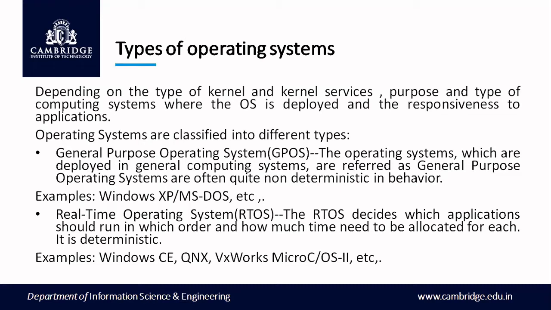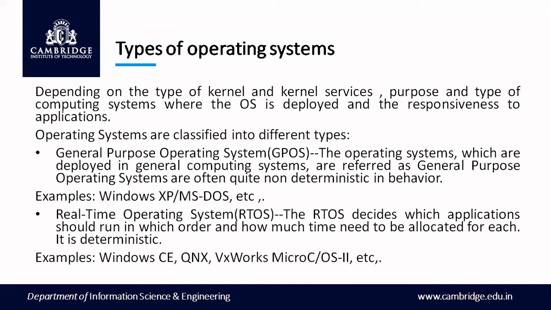When it comes to the real-time operating system, RTOS, it decides which applications should run in which order and how much time needs to be allocated for each. It is deterministic, so it works in a determined manner. It decides which application should run in which order, one after the other, this is first, this is second, and how much time needs to be allocated for each. That kind of operating system we call a real-time operating system.